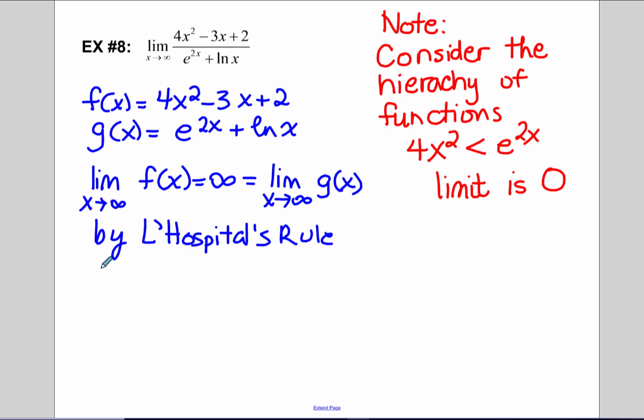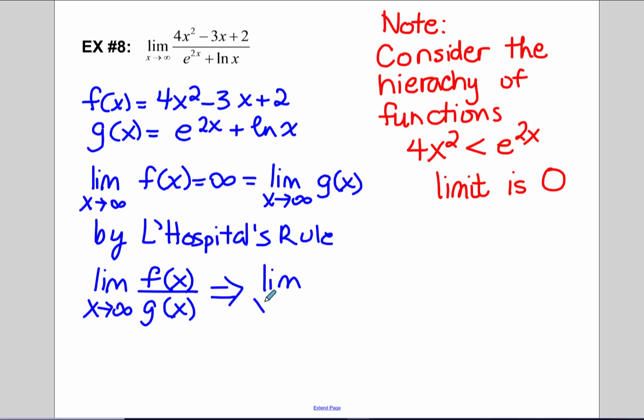And by L'Hopital's rule, we would have the limit going to infinity for f divided by g would now become the limit of the derivative 8x minus 3 over the derivative of the bottom, 2e to the 2x plus 1 over x, or x to the negative 1.